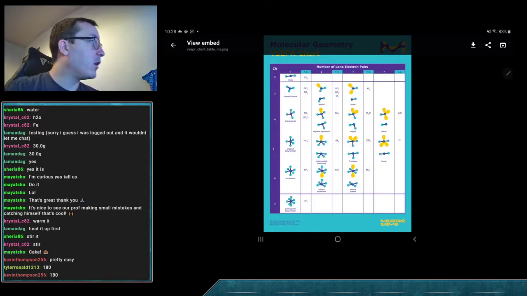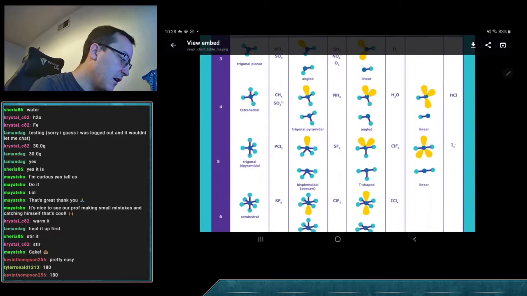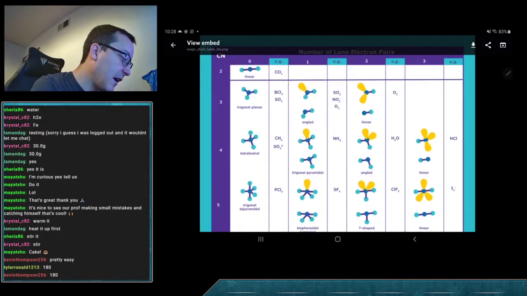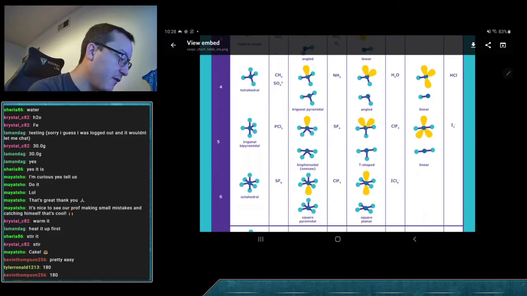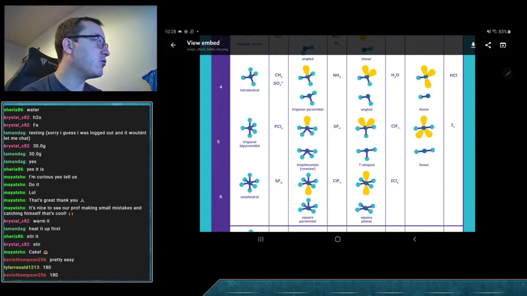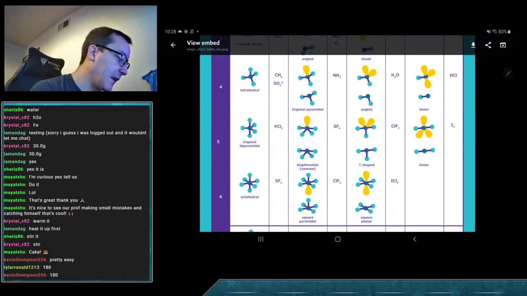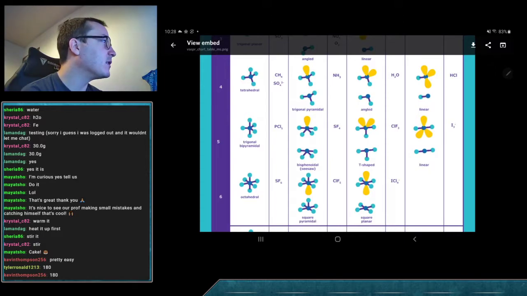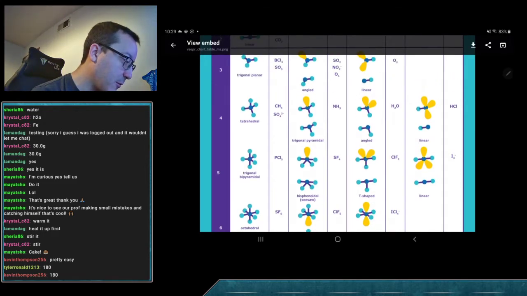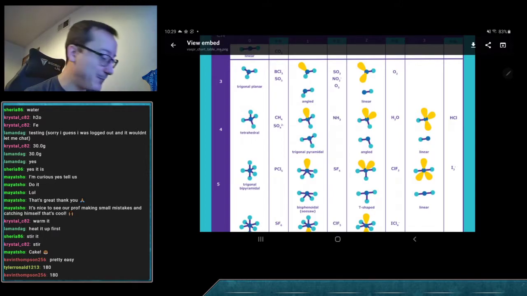You may want to, just as practice, take SO2, NO2 minus, ClF5, and try to draw these things so that you can get the shapes that are on the left of those molecules. Same thing with ICl4 minus and all that fun stuff. If you can draw all of these molecules and get the right shape, you'll be good.